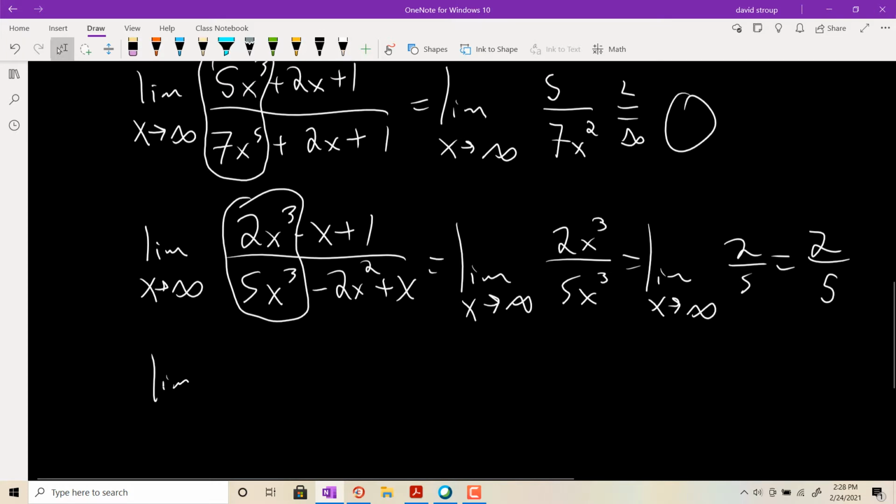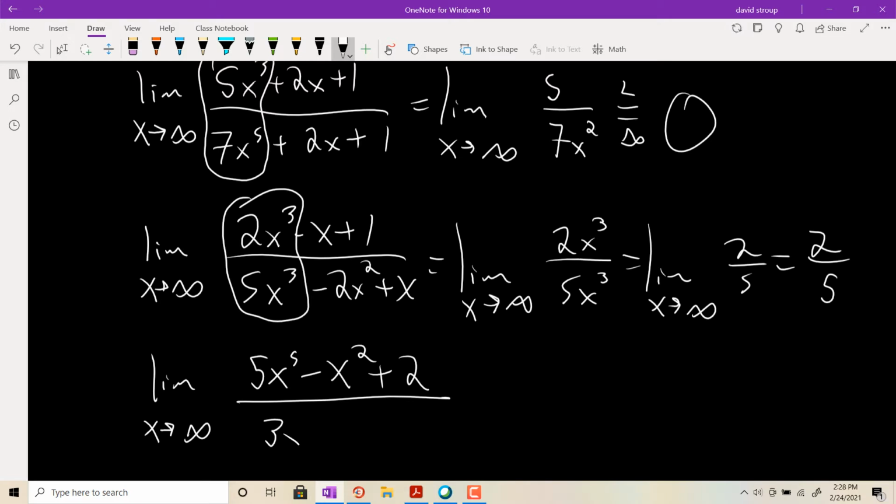The last variation on that theme was to have a numerator whose degree exceeded the denominator degree. So maybe something like 5x to the 5th minus x squared plus 2 all over 3x cubed. Let's make it interesting. So negative 3x cubed plus 2x minus 1. Okay.